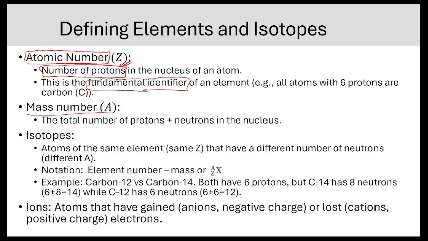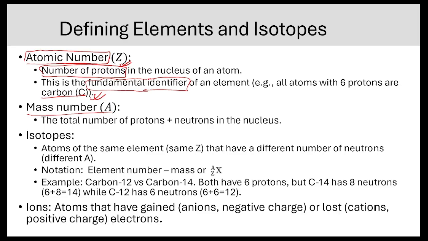For example, every atom with an atomic number of 6 is a carbon, so there's no exception. All the elements with the atomic number of 6 will be carbon.